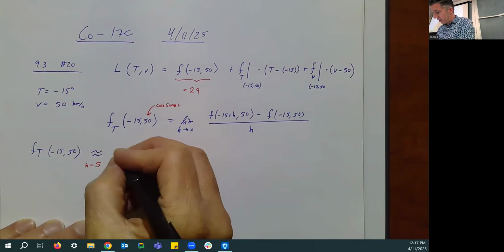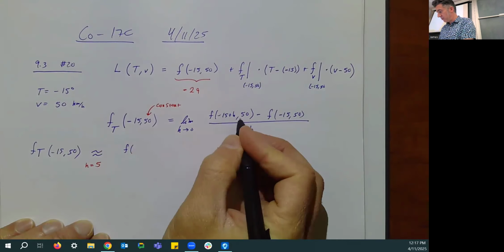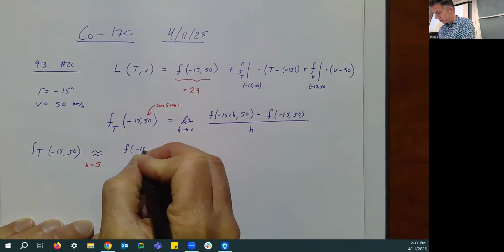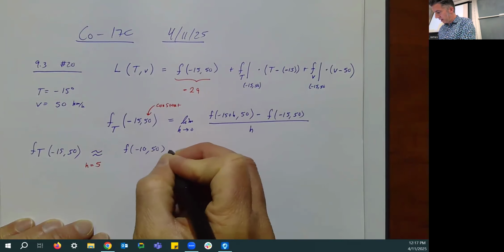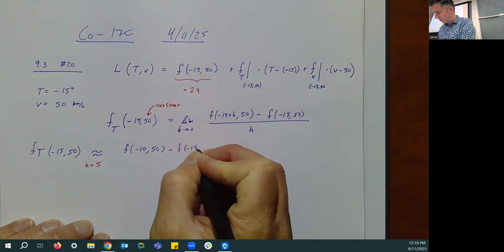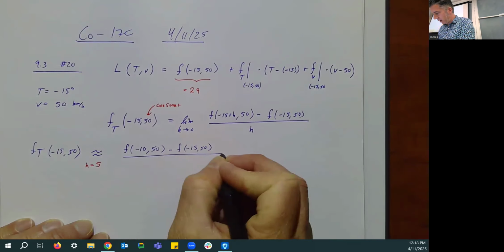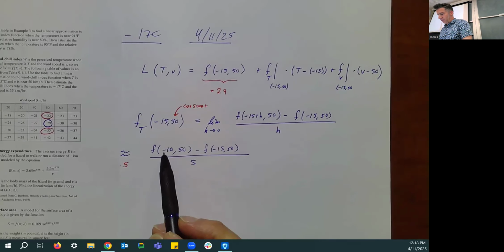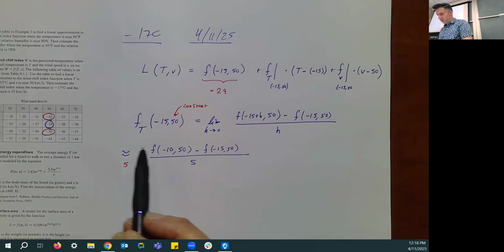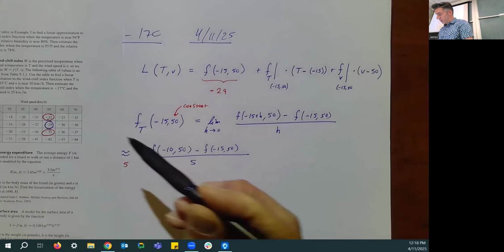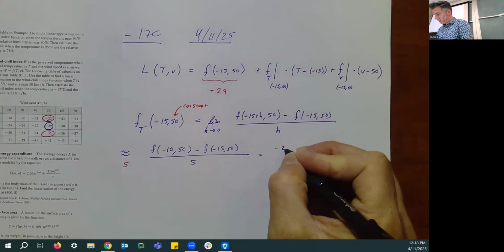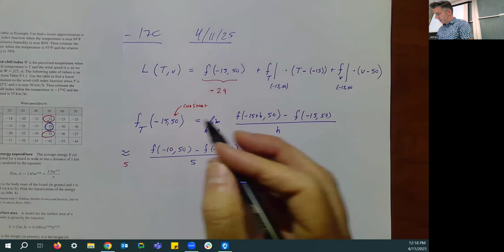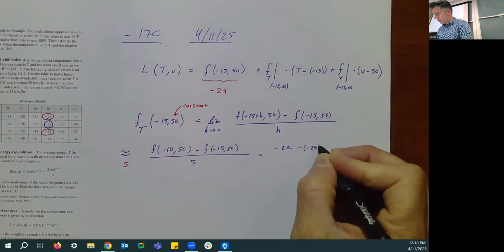So I'm going to get f of -15 plus 5, comma 50, minus f of -15, comma 50, divided by 5. And I'm just going to look at my table. f of -10, comma 50 is right there, that's my -22. My f of -15, comma 50 is my -29.